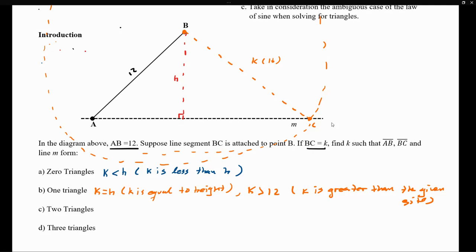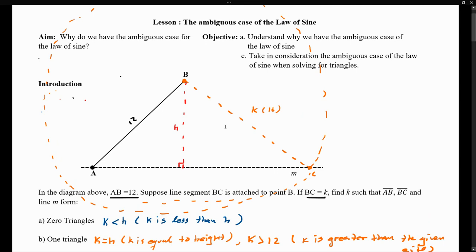So we already saw the situation where we could create 0 triangles, if this length is definitely less than the height. And there's two possible ways that we could create exactly one triangle: if this third side is exactly the same length as the height, or if this third side is greater than the given side. So are these the only two possible situations that we could encounter?